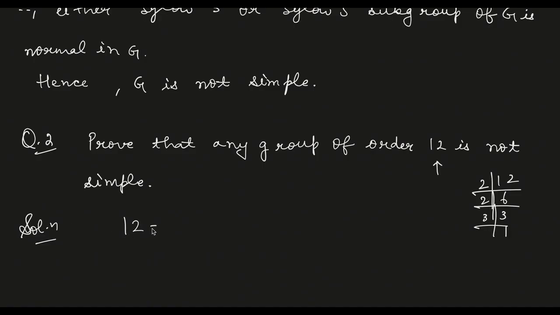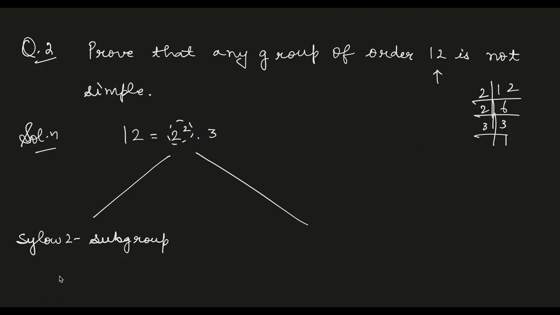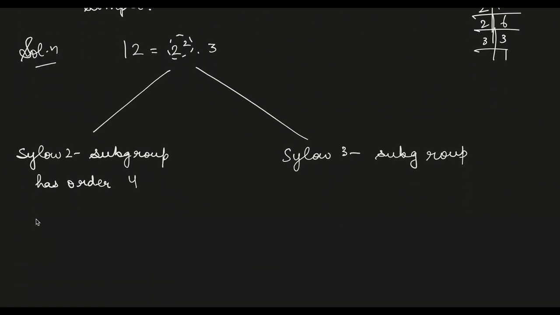So 12 is equal to 2 squared into 3. So there will be a Sylow 2 subgroup and a Sylow 3 subgroup. The Sylow 2 subgroup has order 4, and the Sylow 3 subgroup has order 3. So n2 is equal to 1 plus 2k.